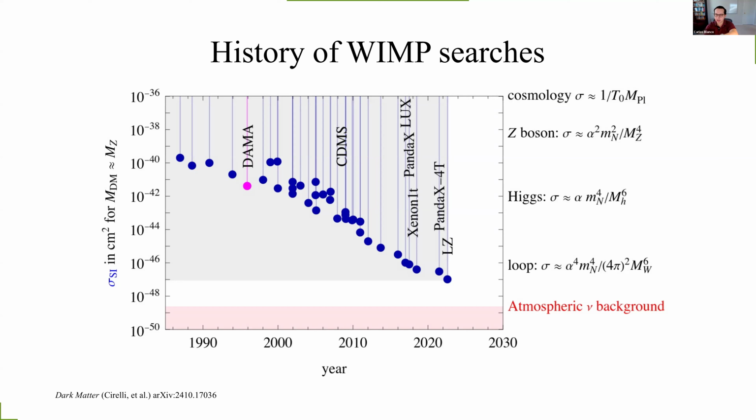Just for context, the kinds of scales that you might expect these cross sections to appear in are here on the right. Something interacting through a Z boson, a weak mediator, is up there, whereas if the dark matter was interacting through some loop suppressed process, you might be down here where it says loop.